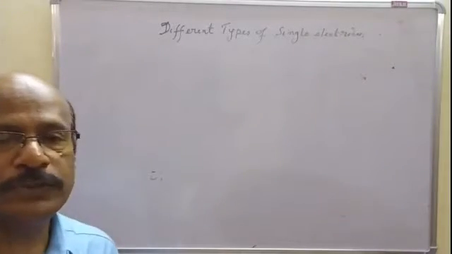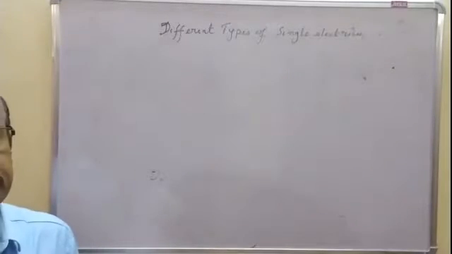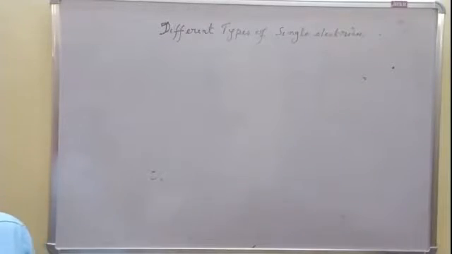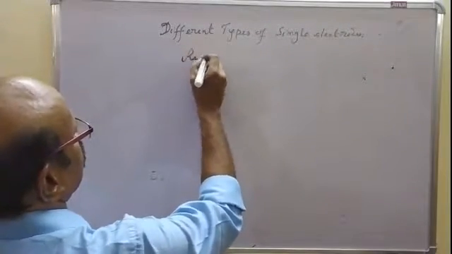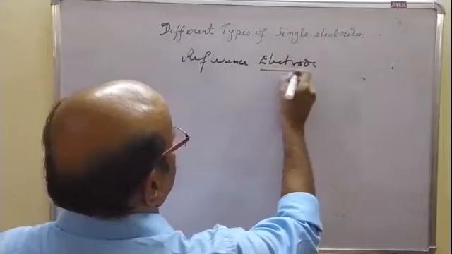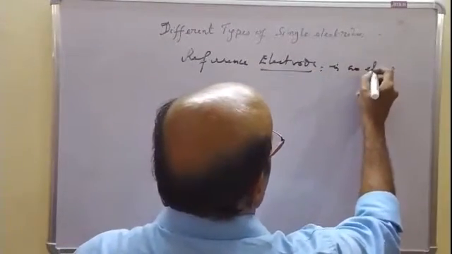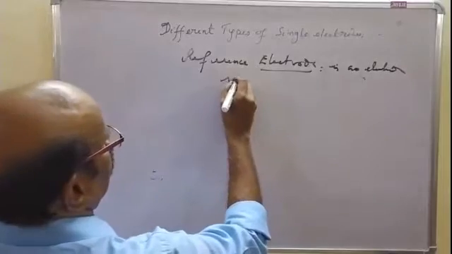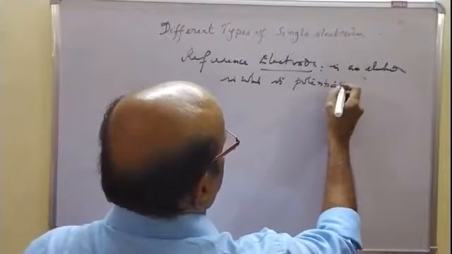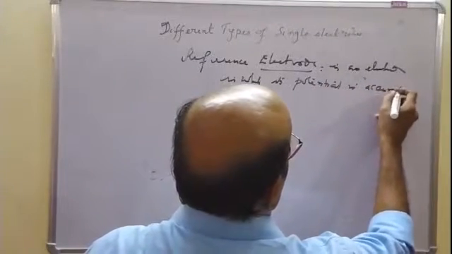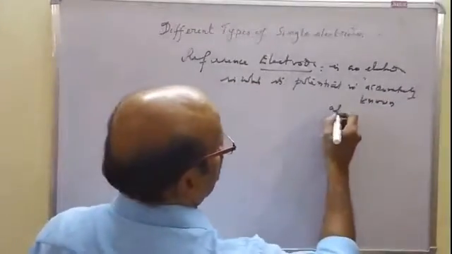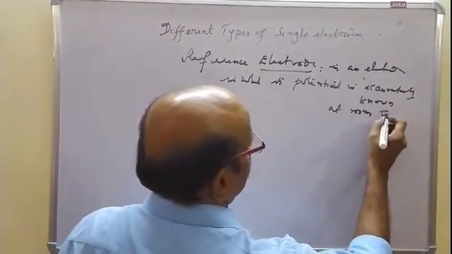A reference electrode, a standard electrode, is an electrode whose single electrode potential is accurately known at room temperature, or at a desired temperature.